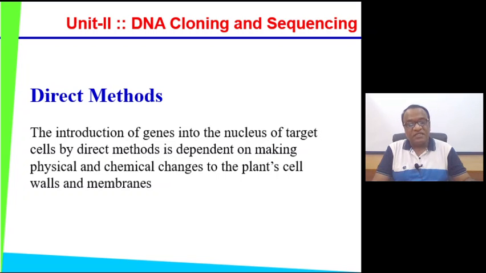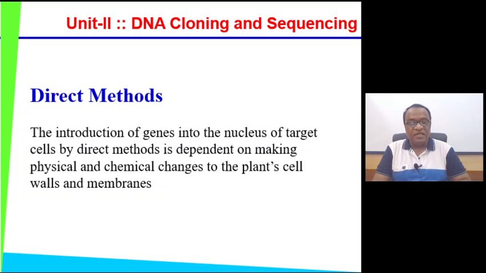Theoretically, direct methods may be used to transfer DNA to virtually all plant species. There should not be any barrier, for the reason that the direct methods are dependent on making physical and chemical changes to the plant cell wall and membranes.